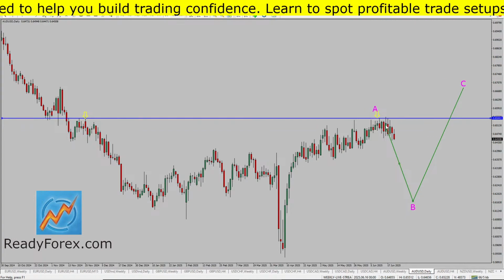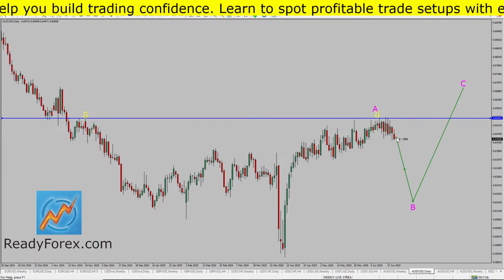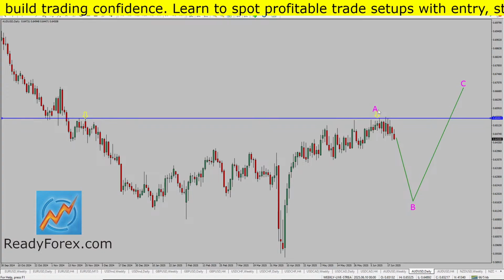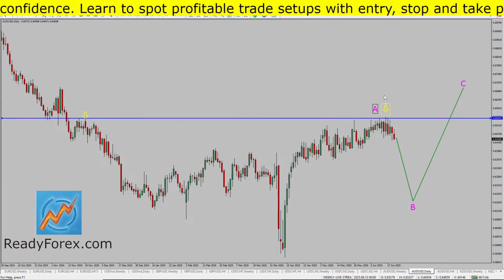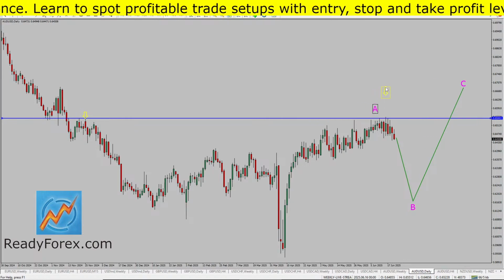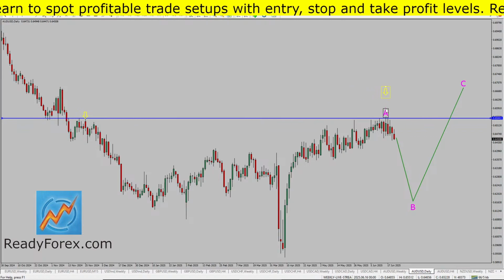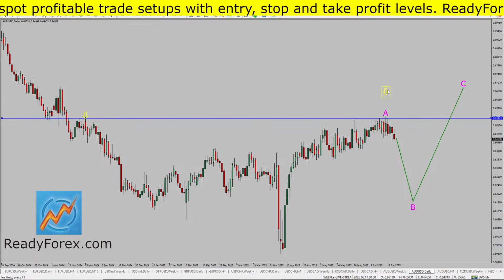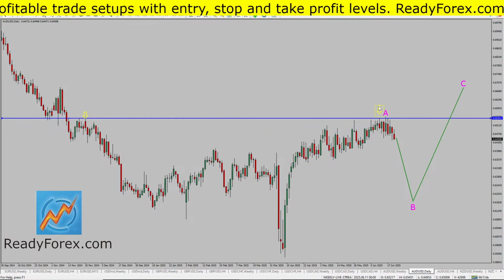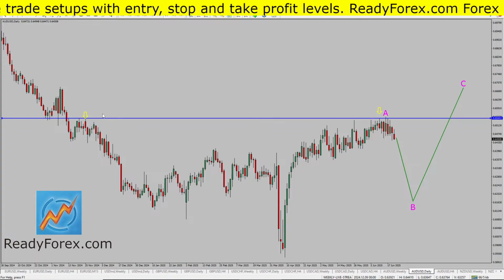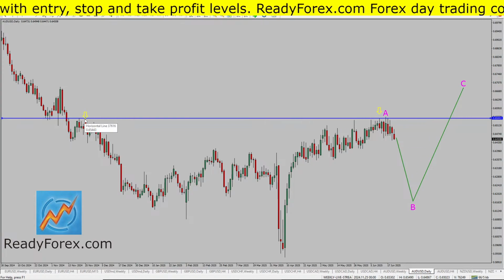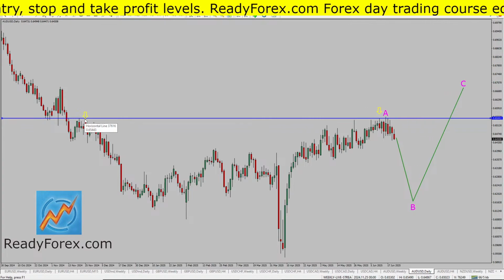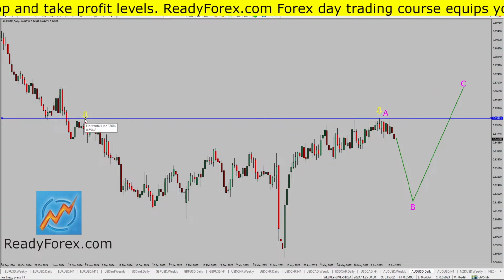So let's do the daily time frame now. The Aussie dollar pair, daily time frame. I'm expecting the market to put a top over here. Okay, so this resistance over here, and it's not just a coincidence. If you check out the left hand side, at the same level which provides support and resistance, 0.6544.